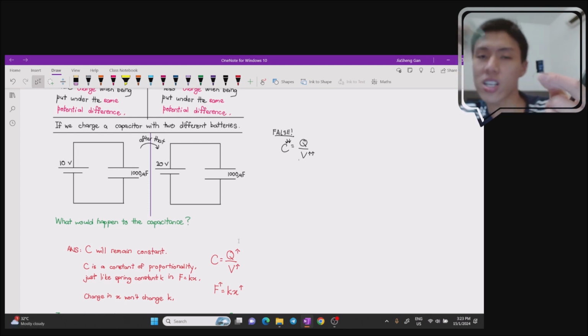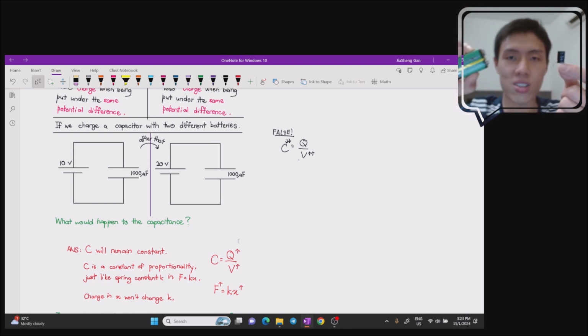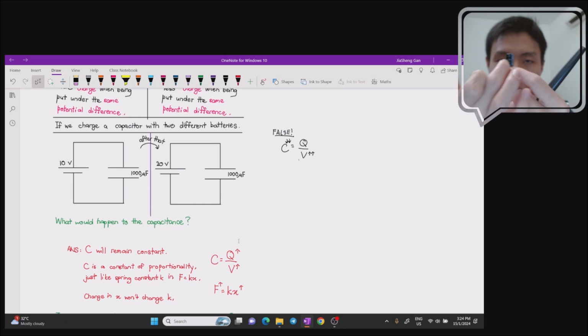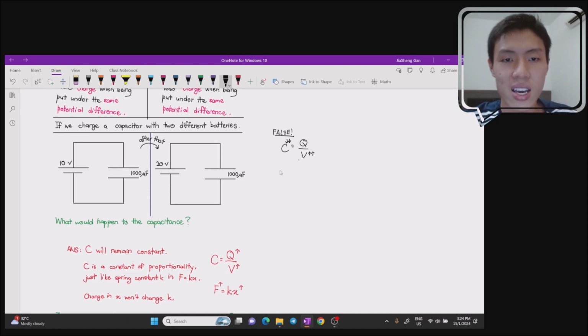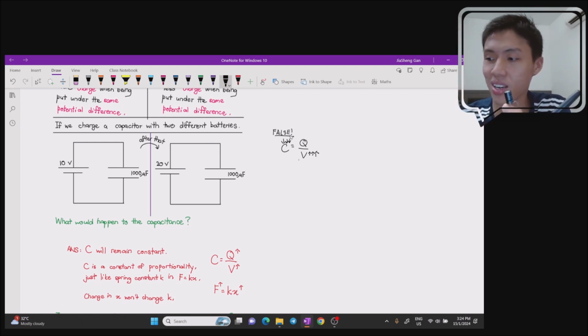Then tomorrow I change it to a 20 volt battery. Does it make the printing on your capacitor change to a smaller value? Because just now I said if I increase V, C decreases. If you have that kind of idea, that means if you connect it to a larger voltage, it will change the printing on the capacitor to a smaller value, which is illogical, right?